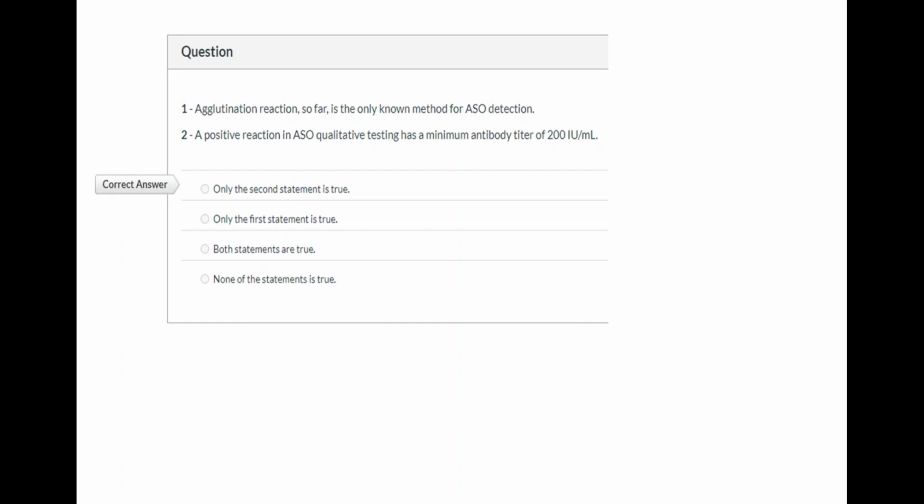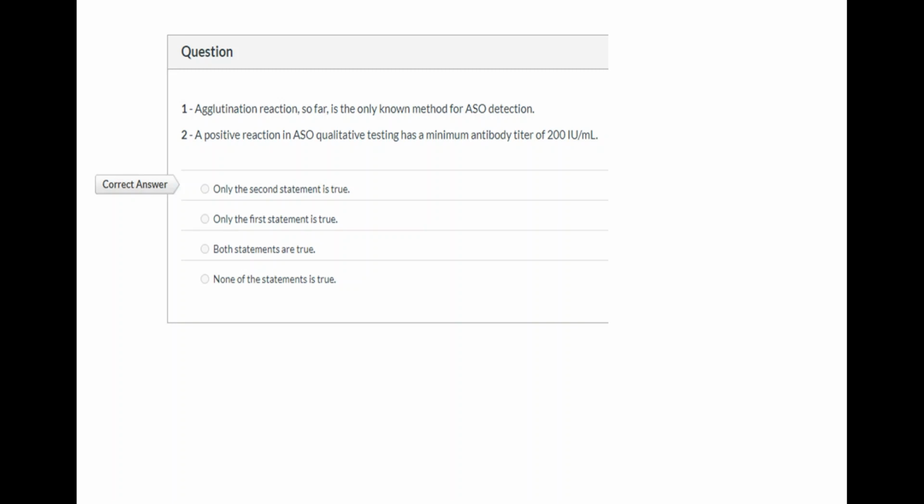A positive reaction in ASO qualitative testing has a minimum antibody titer of 200 IU/ml. Yes, 200 IU is the minimum limit of detection in ASO testing. So if the antibody titer is higher than 200 IU, you will always expect that a positive reaction may occur.